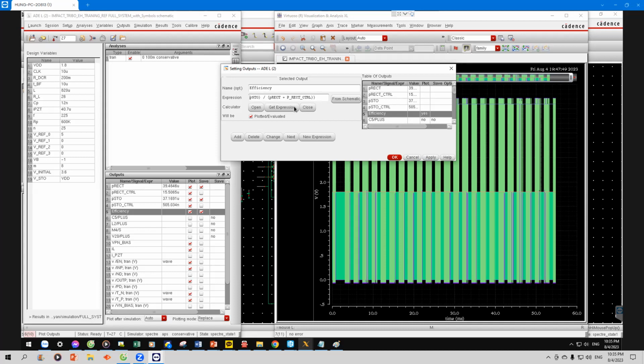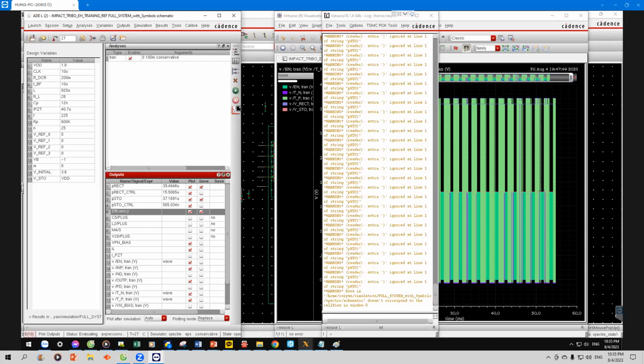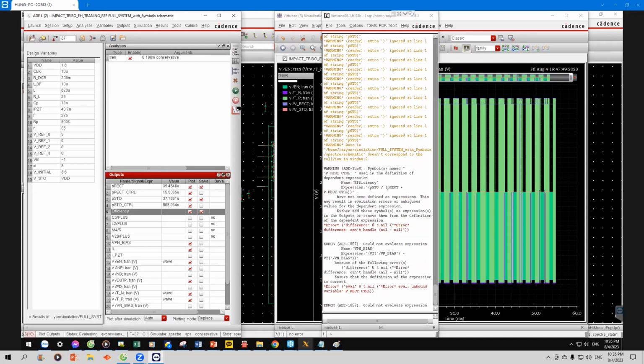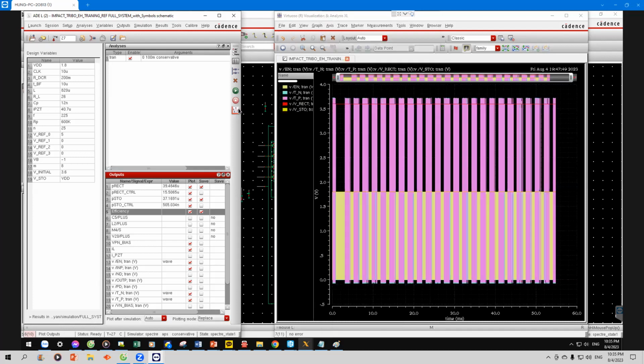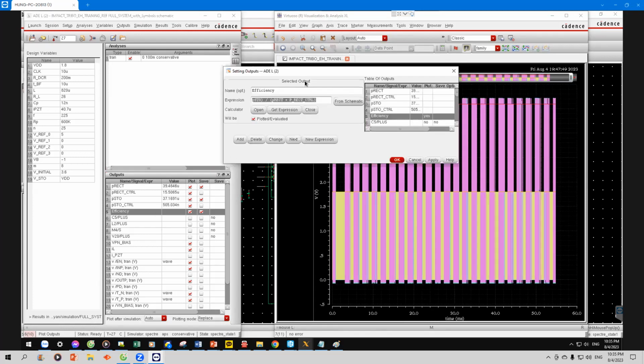P store over PREF plus period control plus PREF.